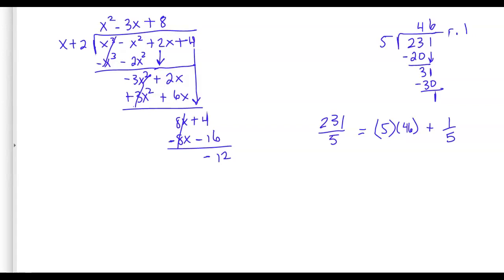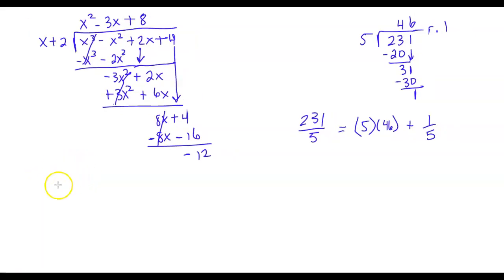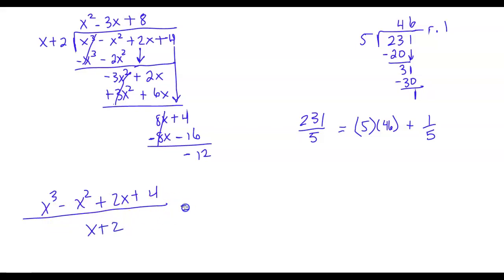So we could say here that we know that this x cubed minus x squared plus 2x plus 4, all that divided by x plus 2 is just another way of saying I have x plus 2 groups of x squared minus 3x plus 8.